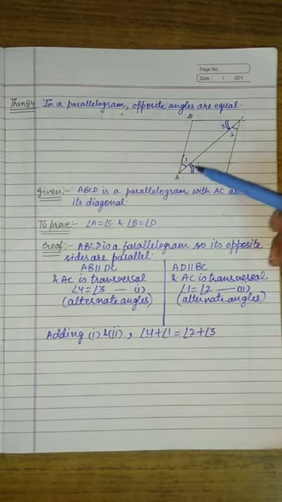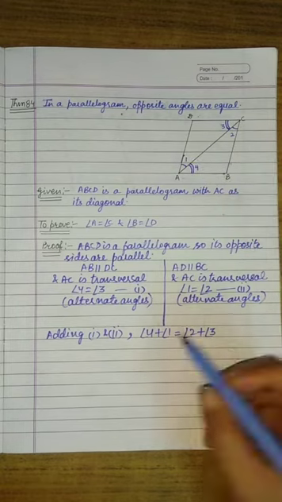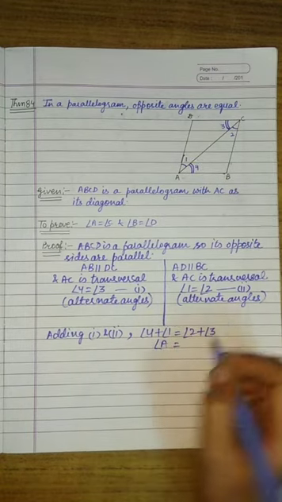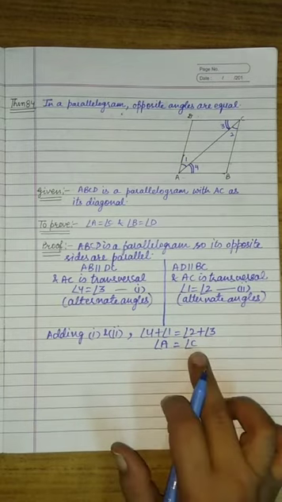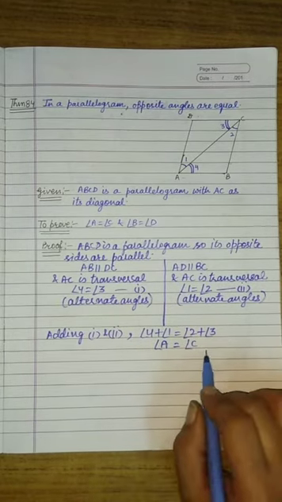Now angle 1 plus 4 is equal to angle A and 2 plus 3 is equal to angle C. It means one pair of opposite angles is proved equal.